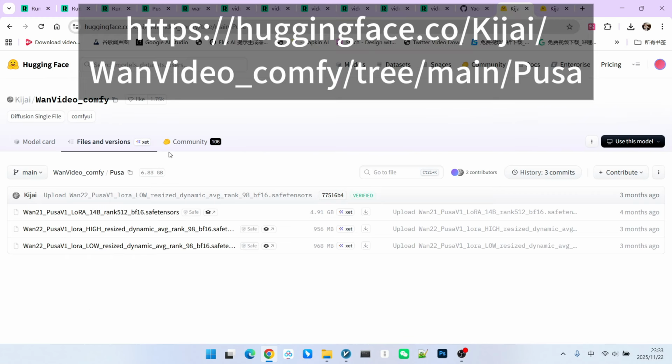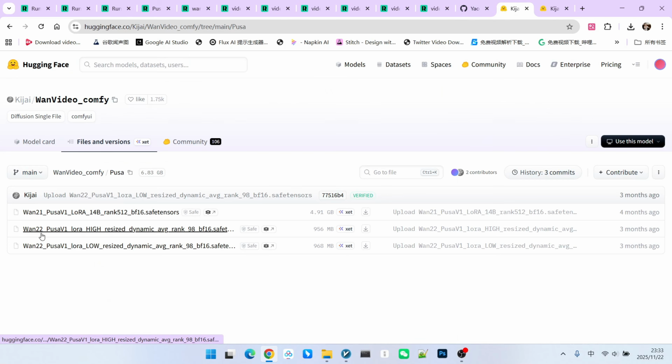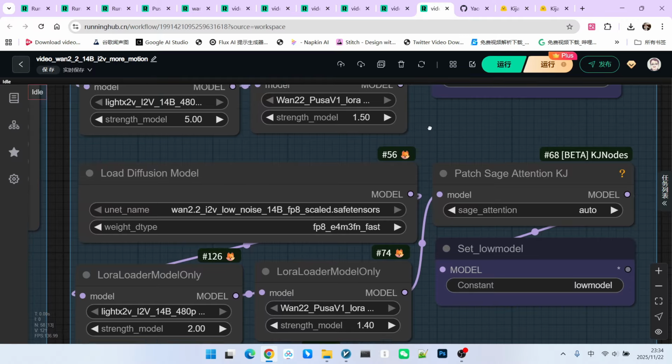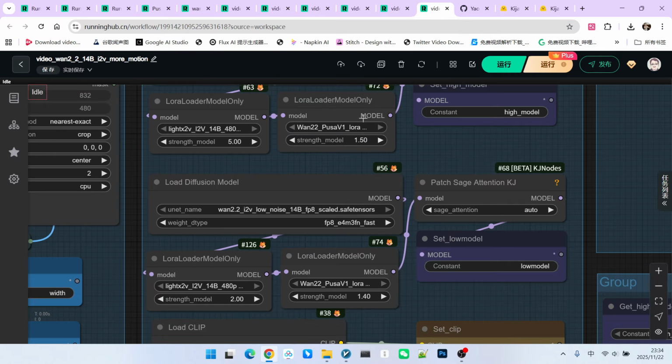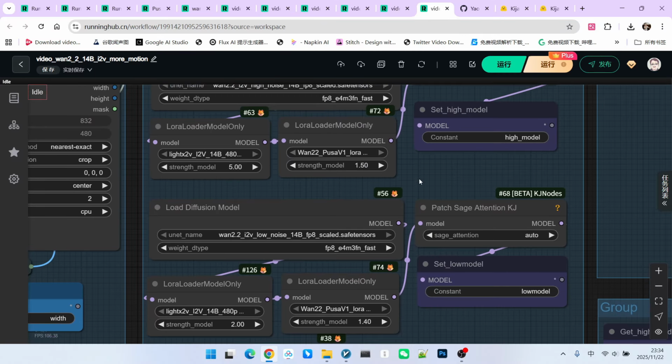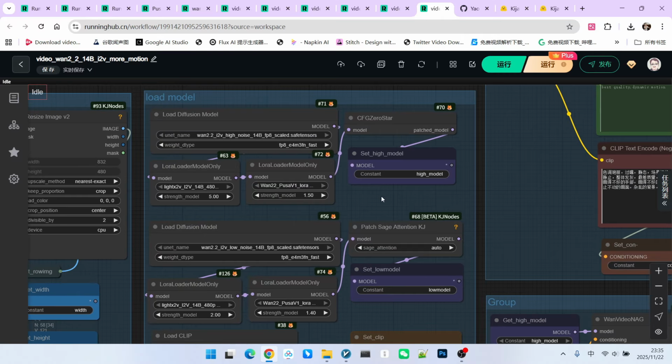Similarly, the one above is a Lora for the high noise model, and the one below is a Lora for the low noise model. Furthermore, I set its weights quite high. Everyone can set them around 1.5. Generally, we set the high noise model slightly higher and the low noise model slightly lower. Why? Because the high noise model is responsible for motion planning, and it is more effective at enhancing motion effects.